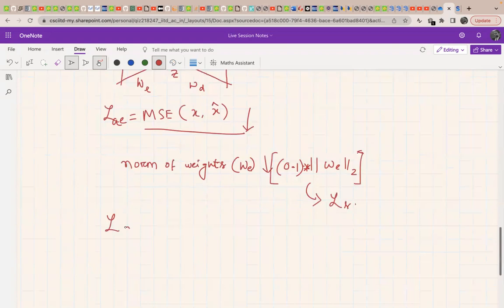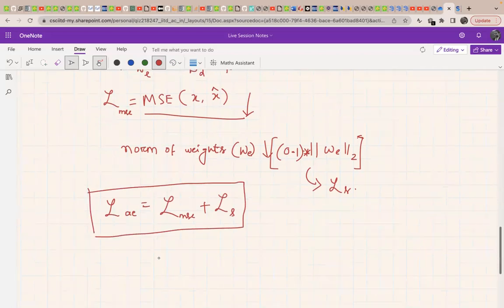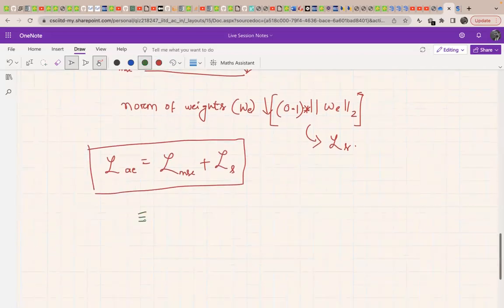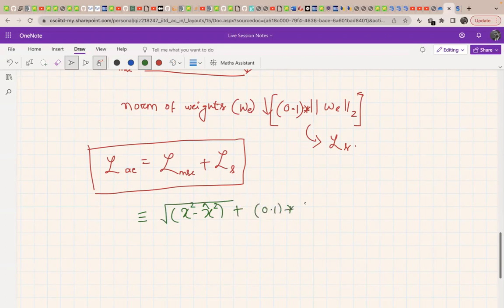So now the loss of autoencoder equals loss MSE plus loss sparsity, which is equivalent to (x minus x hat) squared plus 0.1 times the L1 norm of the encoder weights.